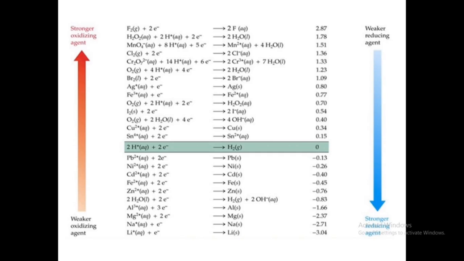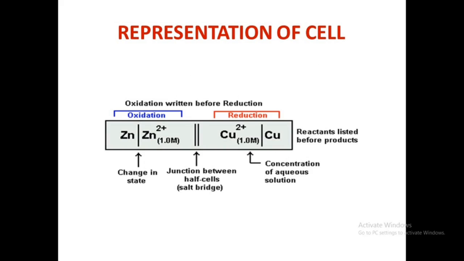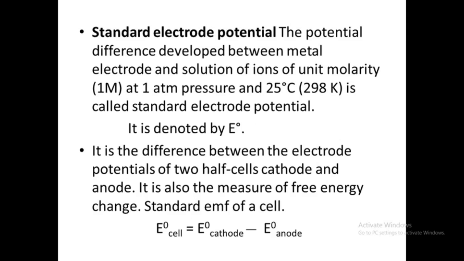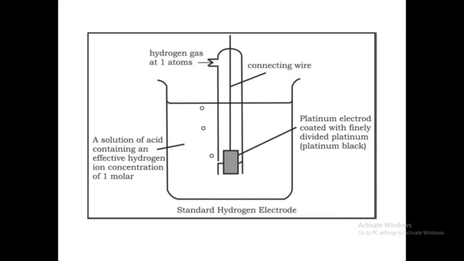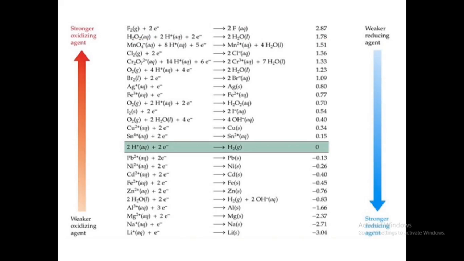In our today's class we got an idea about electrochemistry, after that electrochemical cell, and then we learned about representation of electrochemical cell, and then oxidation potential, reduction potential, after that standard electrode potential, and the EMF of a cell or the cell potential, and then the standard hydrogen electrode and its use to determine the standard electrode potential of other electrodes, and after that the electrochemical series and the use of electrochemical series.